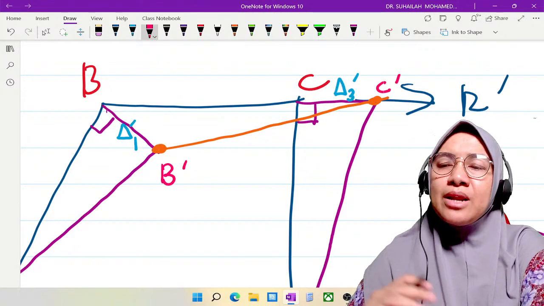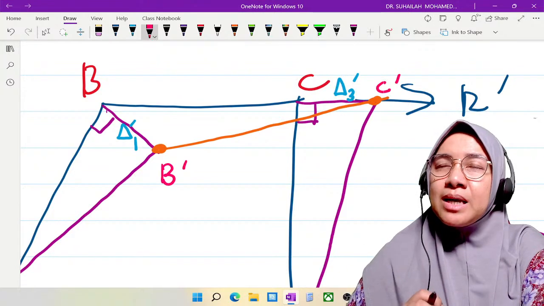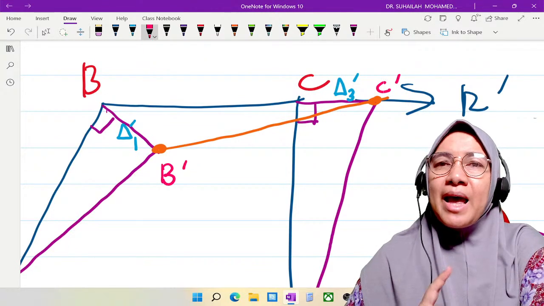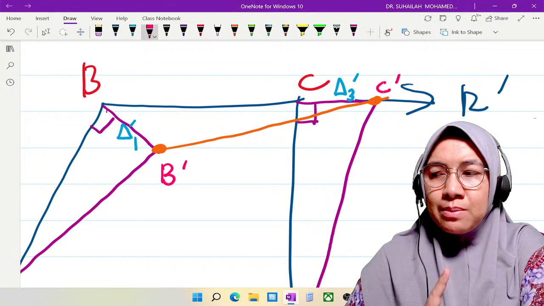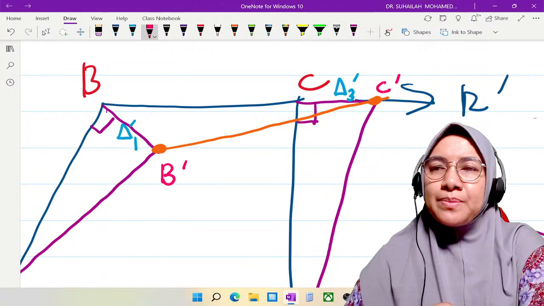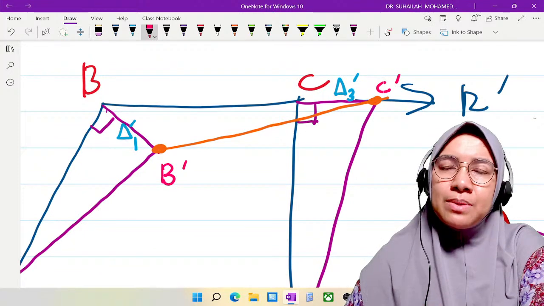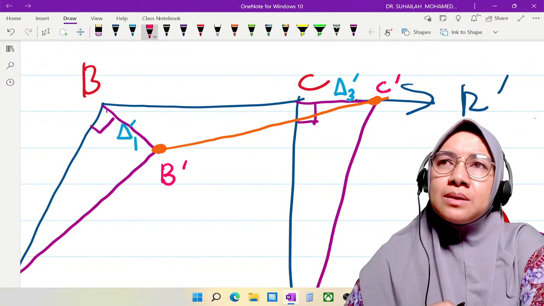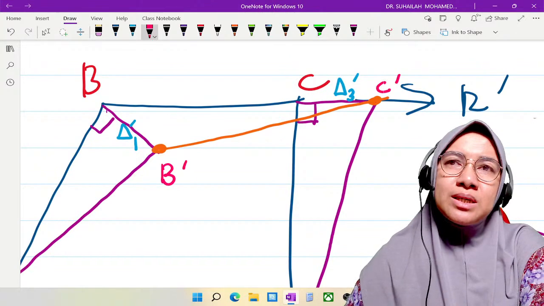Then only do we identify the delta for the beam. Remember, the beam is a horizontal member. Since it is horizontal, the perpendicular to horizontal is vertical.